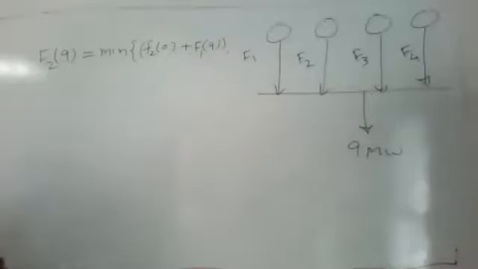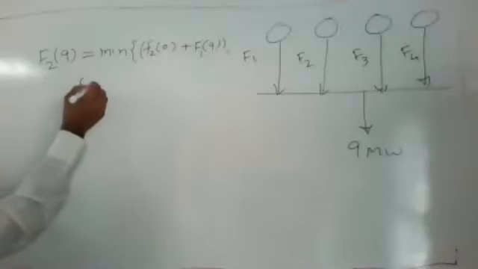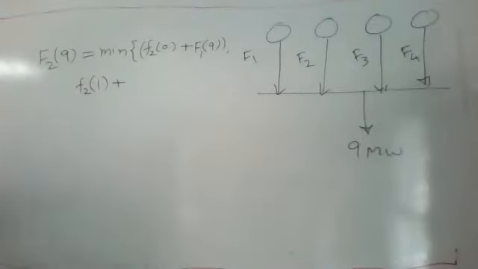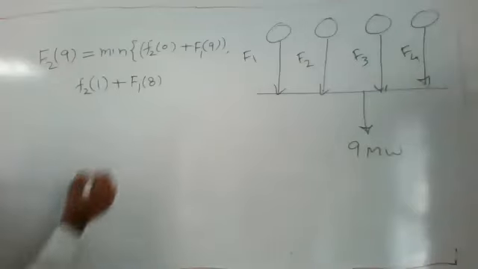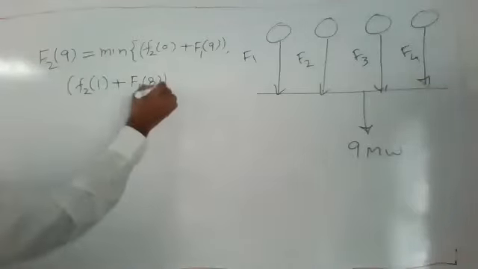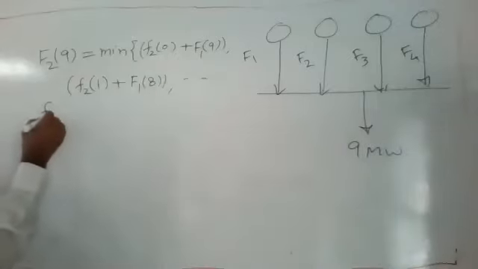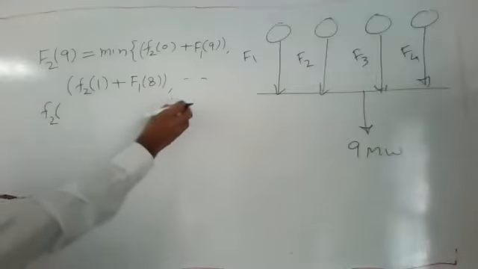Similarly, we have to find F2 1, the minimum cost, 1 plus F1 8. Similarly for others, F2 2 plus F1 7.